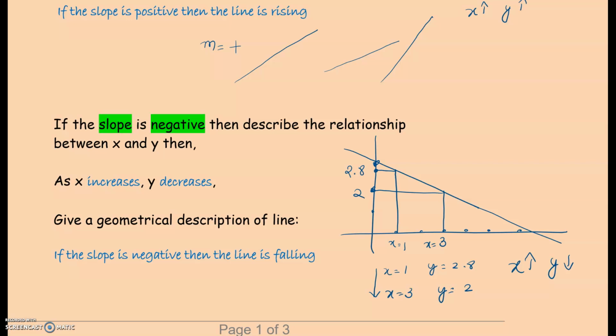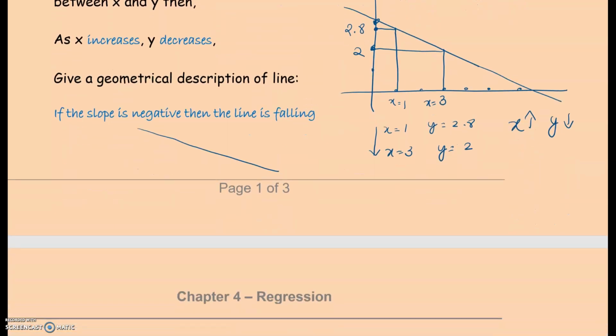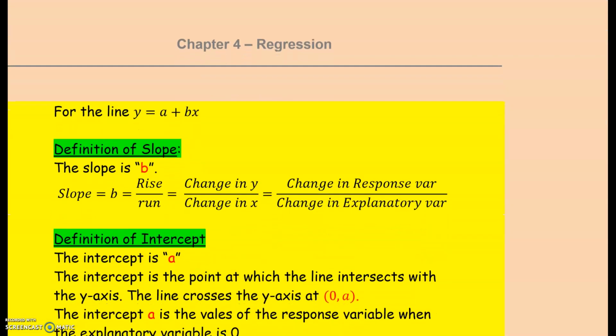Geometrically, if the slope of a line is negative, then you will see a line that's falling. When I say falling, you always go from left to right, which increases the value of x. If the line seems to be falling as you scan the graph from left to right, you can be sure that the slope is negative.